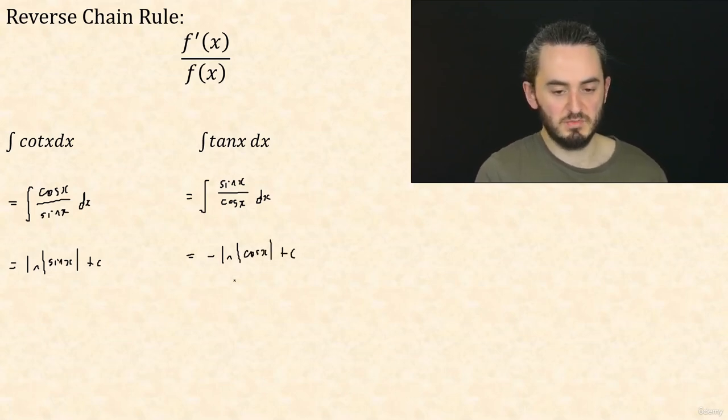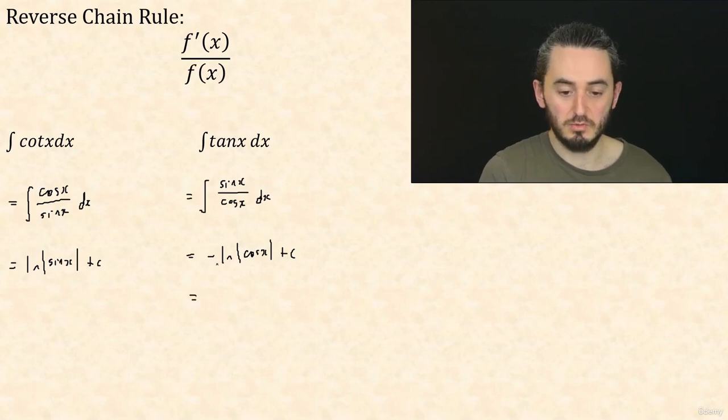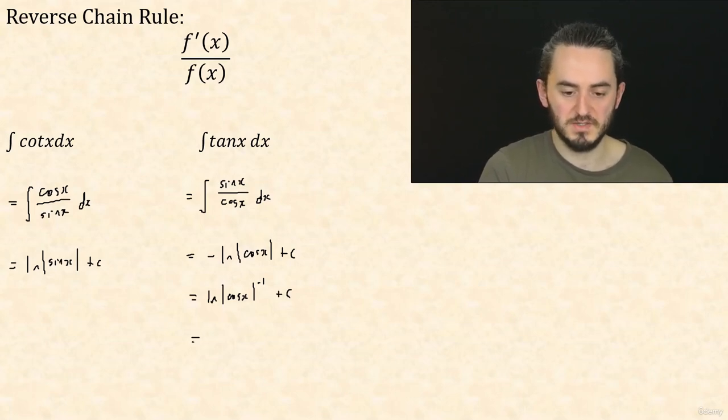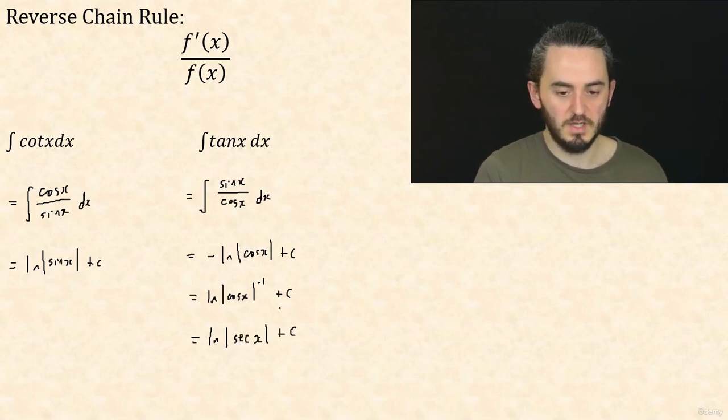Now, you'll often see this presented in the following way. We can use the log rule that a coefficient can move up as a power. So that's the same as ln of cos x to the power of minus 1. But what is cos x to the minus 1? It's 1 over cos x, which is sec x. So ln sec x plus c.